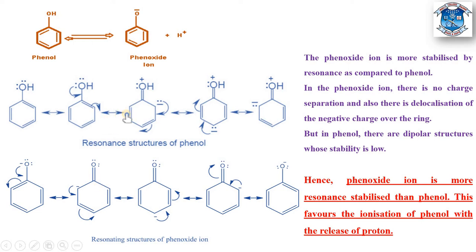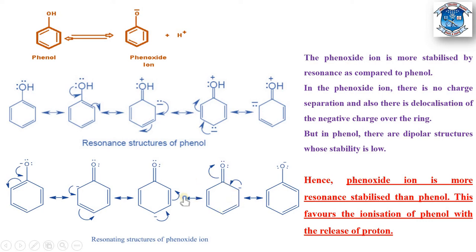So in phenol, there are a positive charge and a negative charge, or we can say it is a dipolar structure. When there is a charge separation, the stability will be less. That is, within the same molecule we see a positive charge and a negative charge. When such dipolar structures occur, the stability will be less, and hence we can say that the phenol molecule is less resonance stabilized than the phenoxide ion.